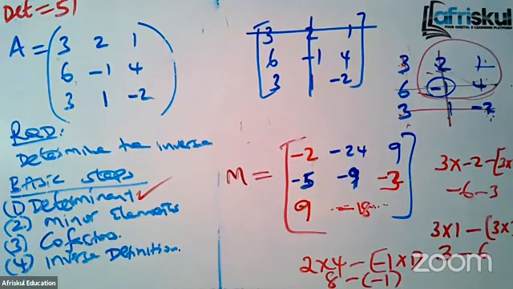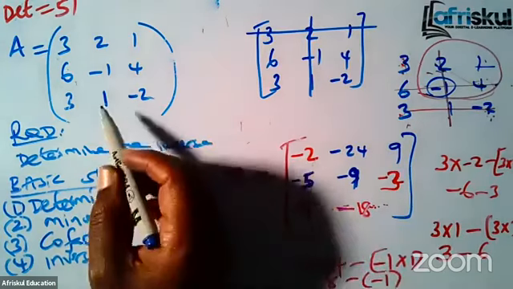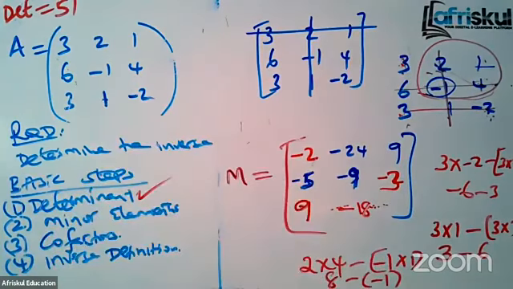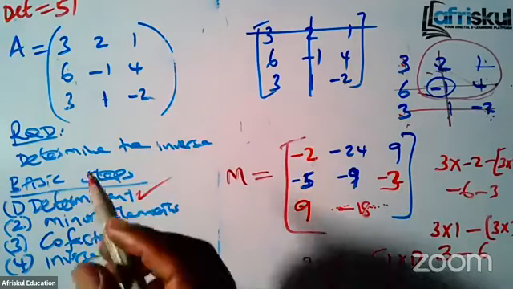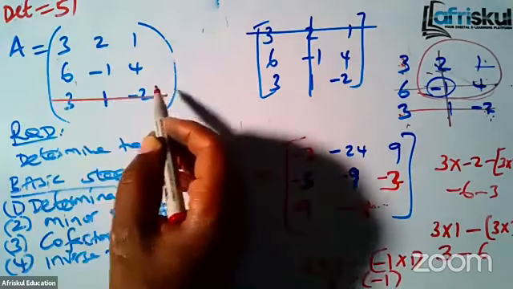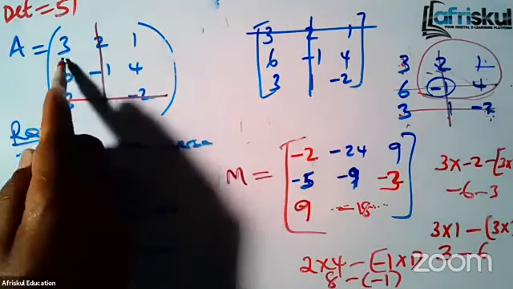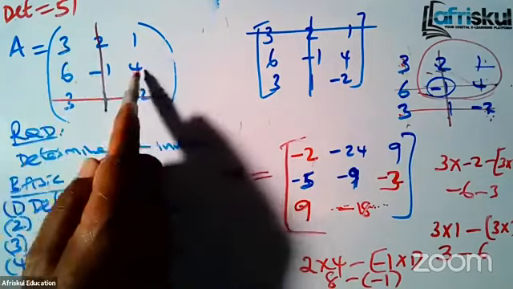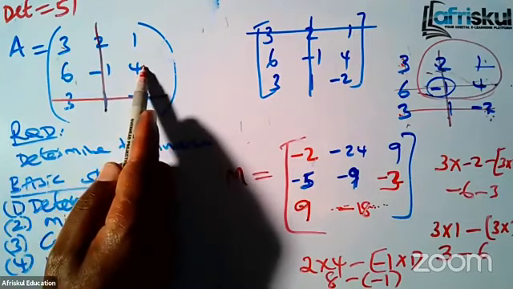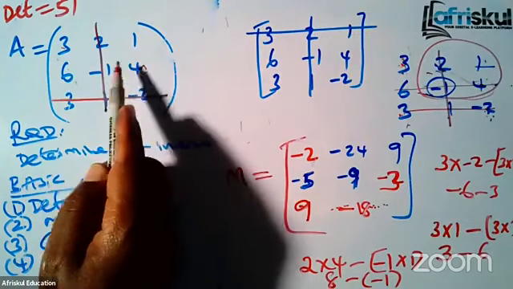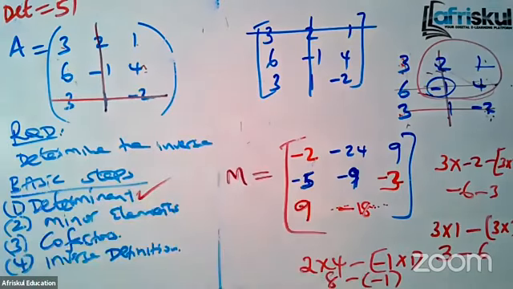Let's see. So remember the figure is here. This is the figure which they want us to find its minor element. To find its minor element, what should I do? Hide it row-wise and column-wise. And if you do that, you'll be able to see your primary. Primary is 3 and 4. That gives me 12. Secondary, we have 6 and 1, which gives us 6.